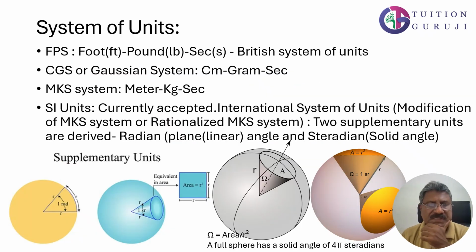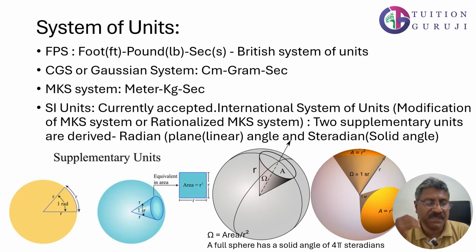Now we will see the different systems of units. There are different systems of units adopted by different countries. FPS means foot pound second, a British system of units. Then CGS is the Gaussian system. It is centimeter gram second.